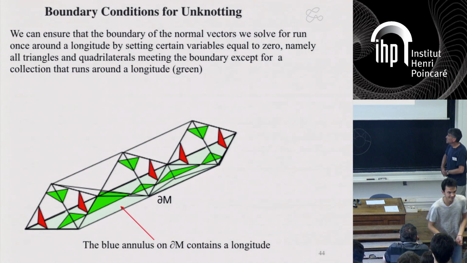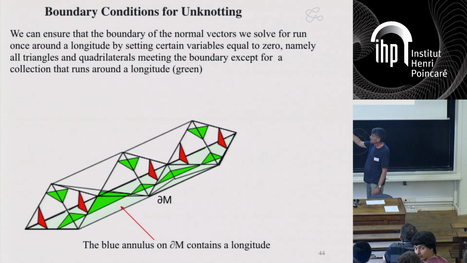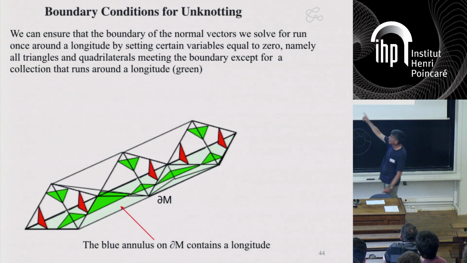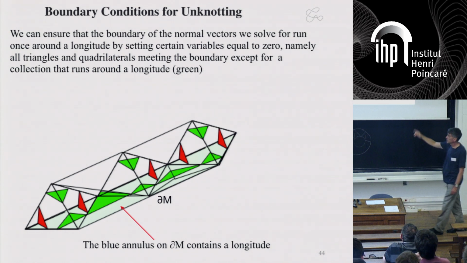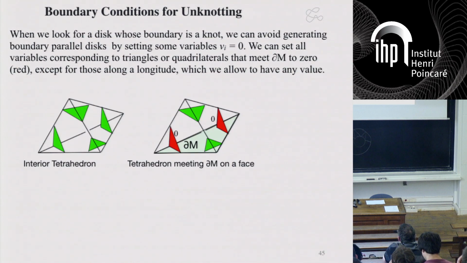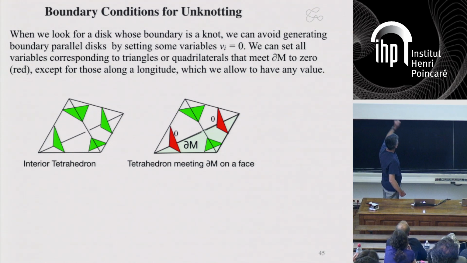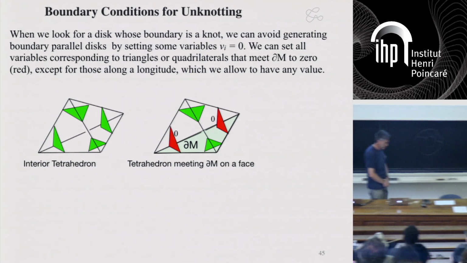So we can decide only to look for solutions that meet the boundary exactly along disks that wind around this annulus monotonically. Just to be a little more precise, if a tetrahedron is interior to the manifold, we don't restrict what kind of disk types we allow.